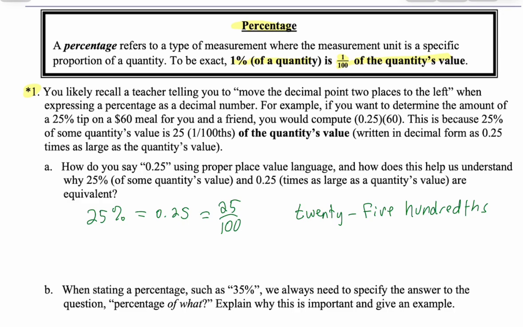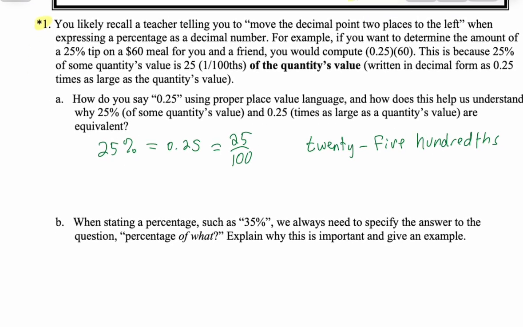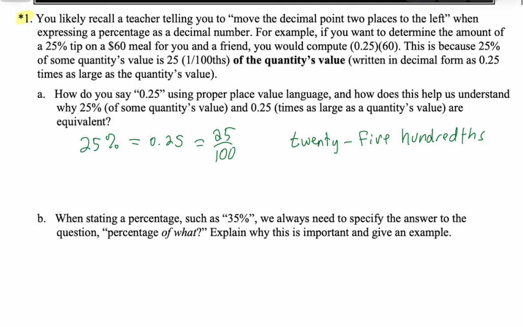If you are using a calculator, some calculators have a percentage button. If you put that behind the 25 and then you hit the percentage button, it will most likely change it to that 0.25 or 25 hundredths. So that shouldn't be anything new to you. You've done these things for quite some time in math.